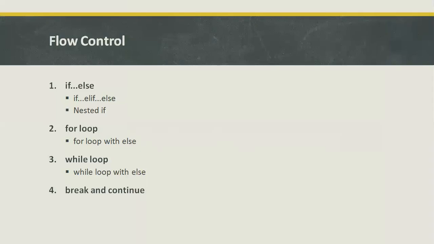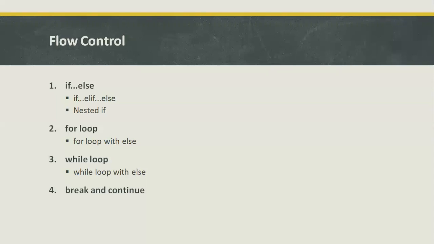You have already used all these types of flow control in C programming, but again, we are discussing how you can implement them in Python, and how you can use this flow control in your program.